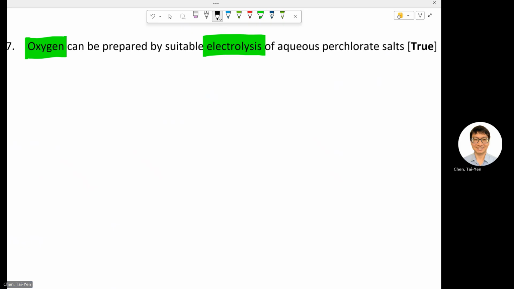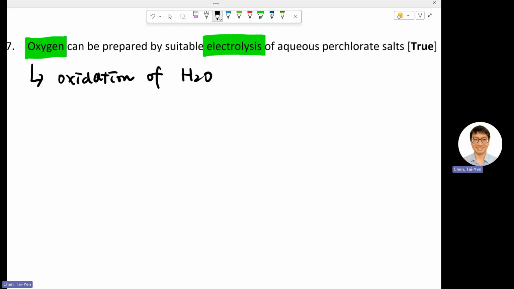Okay. So what can we learn from here? First, we know oxygen is the oxidation of H2O, right? So the oxidation product of H2O is O2. The reduction product of H2O is H2, right?